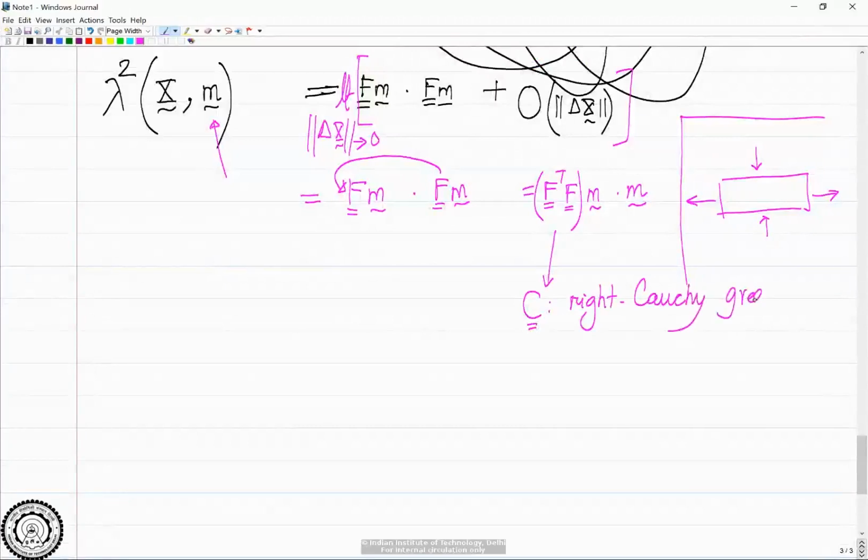I think you must have learned this in continuum mechanics till now. Did you face this? Yes, sir. And had you found out the formula for this stretch? Yes, sir. So you must have gone through a similar derivation, I guess. Yes, sir. Similar one.